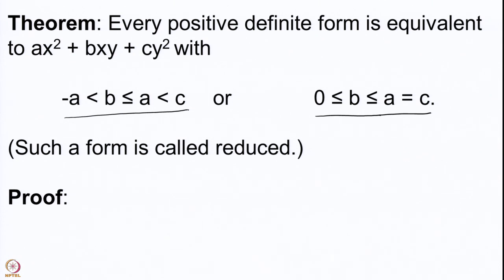So, one thing which is hidden in this is that A is always less than or equal to C. So, we have a form where A, the coefficient of x square, is always less than or equal to the coefficient of y square, and moreover depending on whether A is equal to C or A is strictly less than C, we have two different behaviors for the integer B. So, the theorem says that every positive definite form is equivalent to one such form, and these forms are called reduced forms.